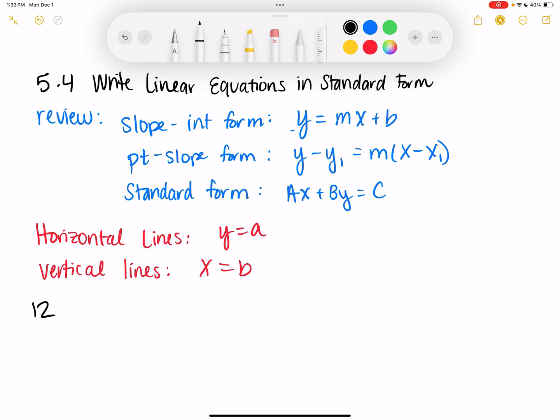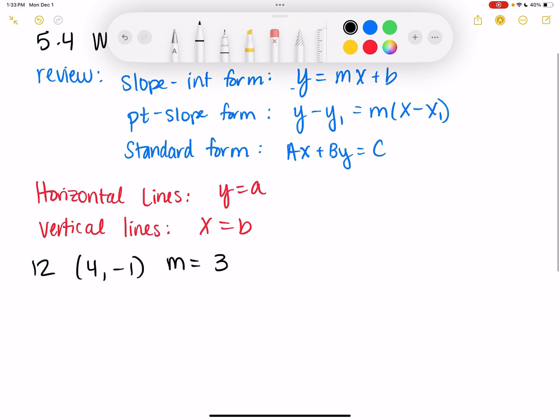I've got the point 4, -1, and m equals 3. So I'm going to start out in point slope form, and then we ultimately are writing it in standard form.